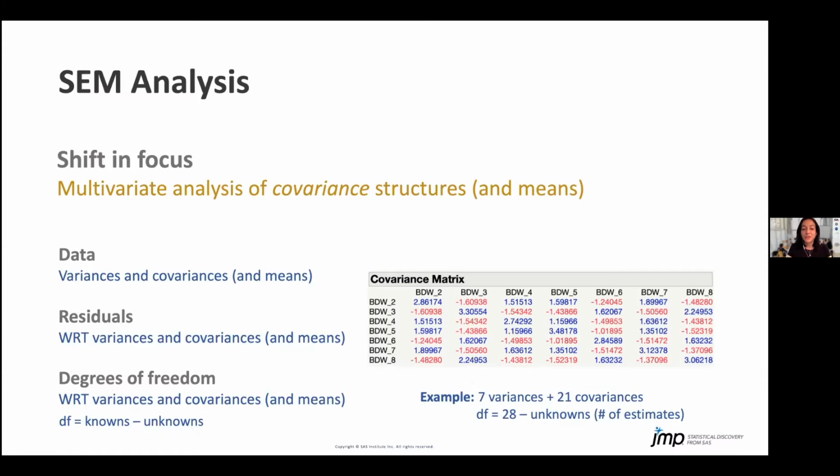Okay, so the known pieces of information that we have is 28, right? Is the sum of those variances and covariances. And then to get the degrees of freedom, we would have 28 pieces of known information minus the number of estimates that we have in our model. And that's what the unknowns represent. All right. So once we shift our focus, then I think it's going to start to make more sense what SEM is really doing.